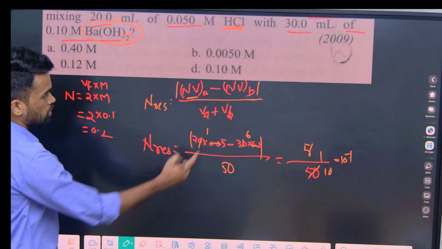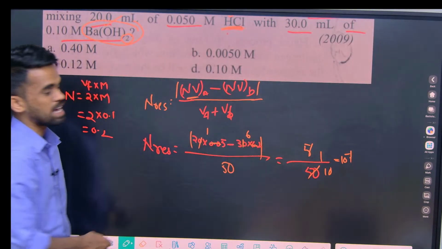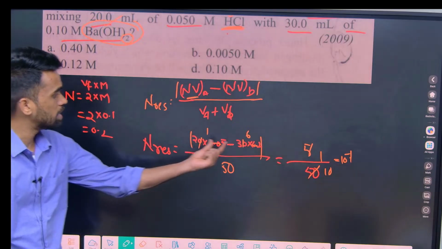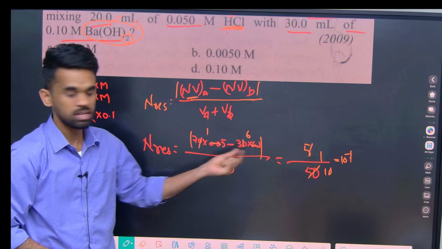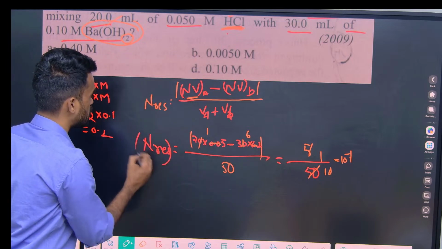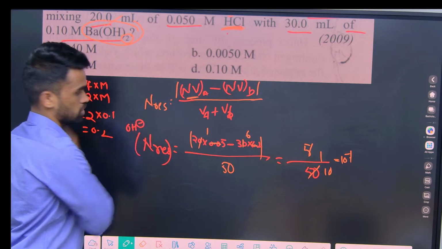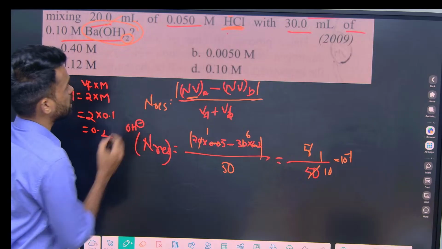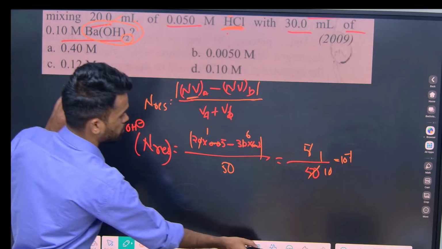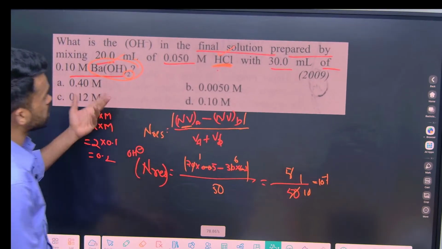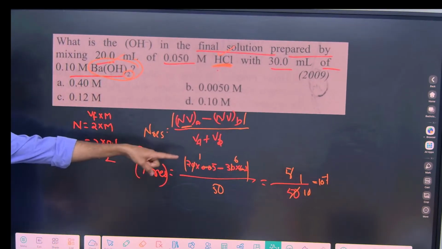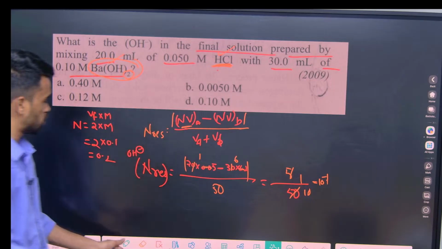Now is the solution basic or acidic? Tell me which quantity is more. Here it is 6, here it is 1. So which quantity is more? 6. Basic. So the end result is nothing but the OH minus ion concentration. They are asking what the OH minus ion concentration is, and we got 0.1. So fourth option.